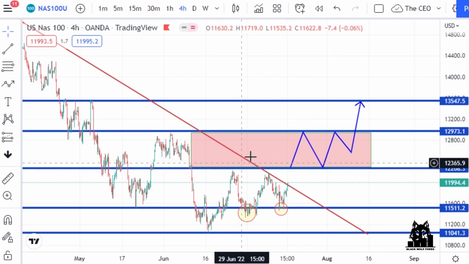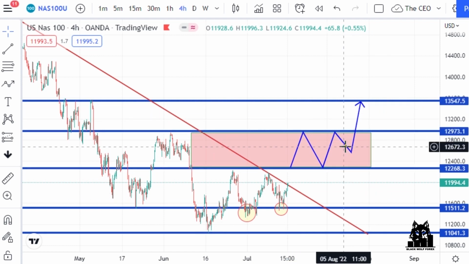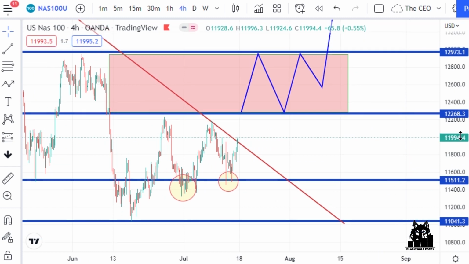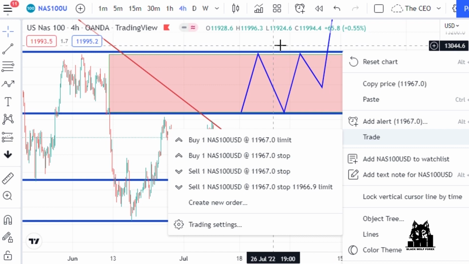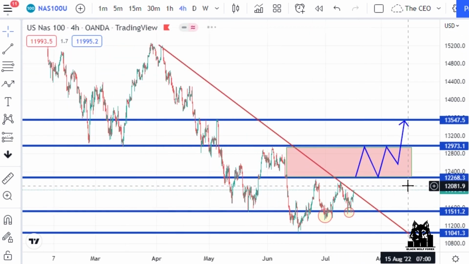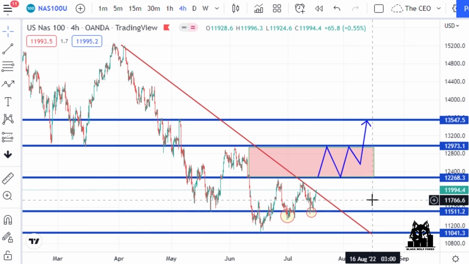Once we are inside that zone, we know we are likely to go to our next zone, which is between 13,000 and 13,500. So we just want to enter this zone. This is a very powerful zone. Once we've entered it, we know for sure that we are going up.